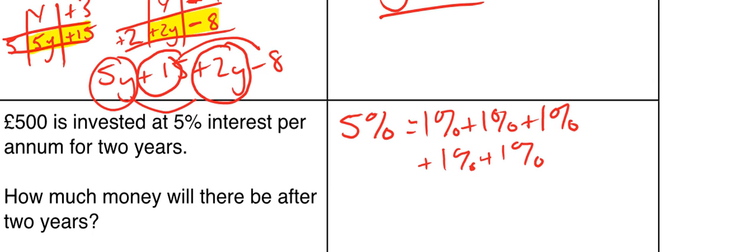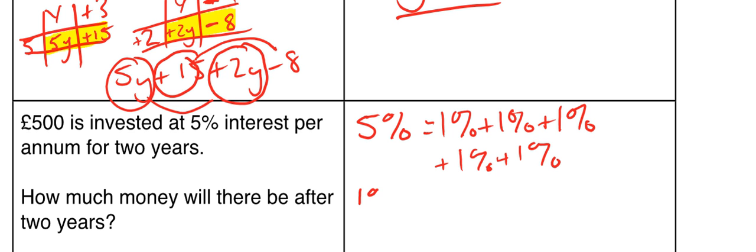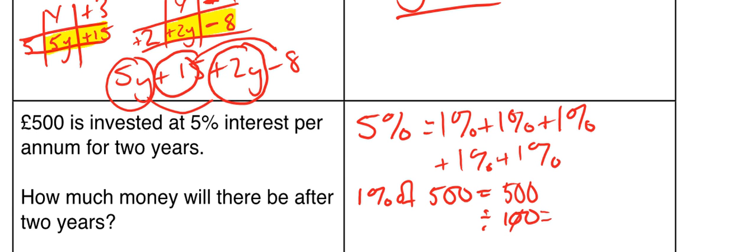So if we work out what 1% of 500, so 1% of 500 is 500 divided by 100, and we should remember that, which gives us an answer of 5. So every 1% equals 5, so I can then do 5 times 5.